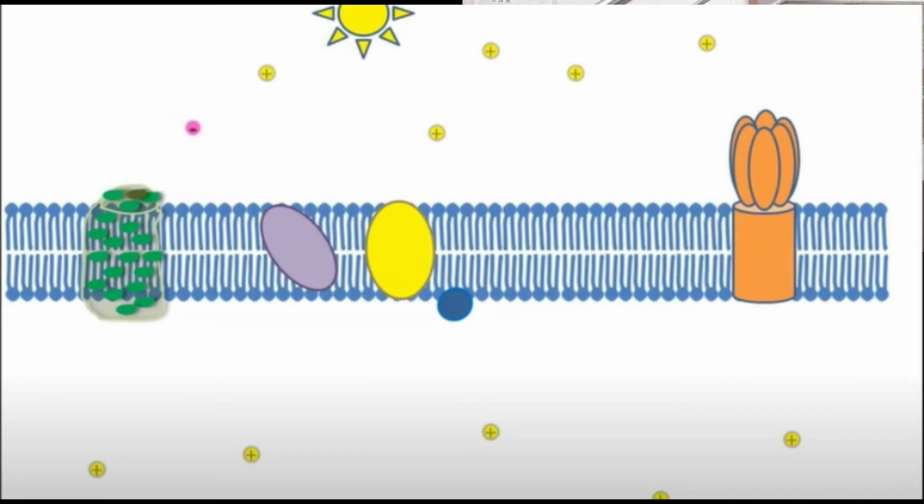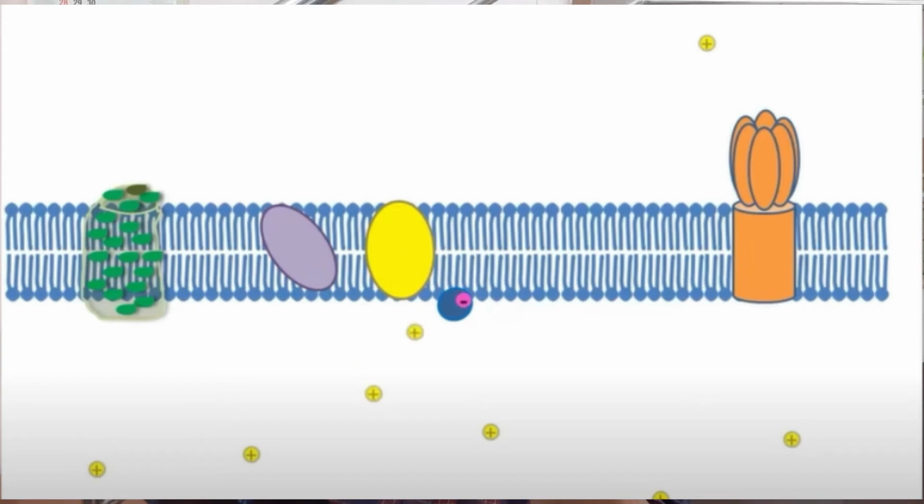From ferredoxin, the electron goes to the plastoquinone. The plastoquinone carries this electron to the cytochrome complex. As a result, one proton is carried into the lumen, and the electron is carried to plastocyanin, then comes back to the P700.